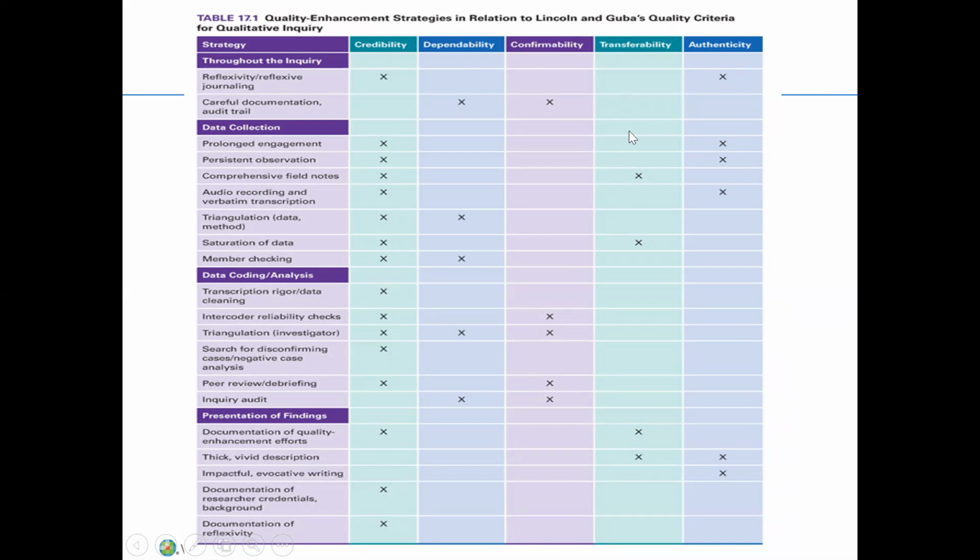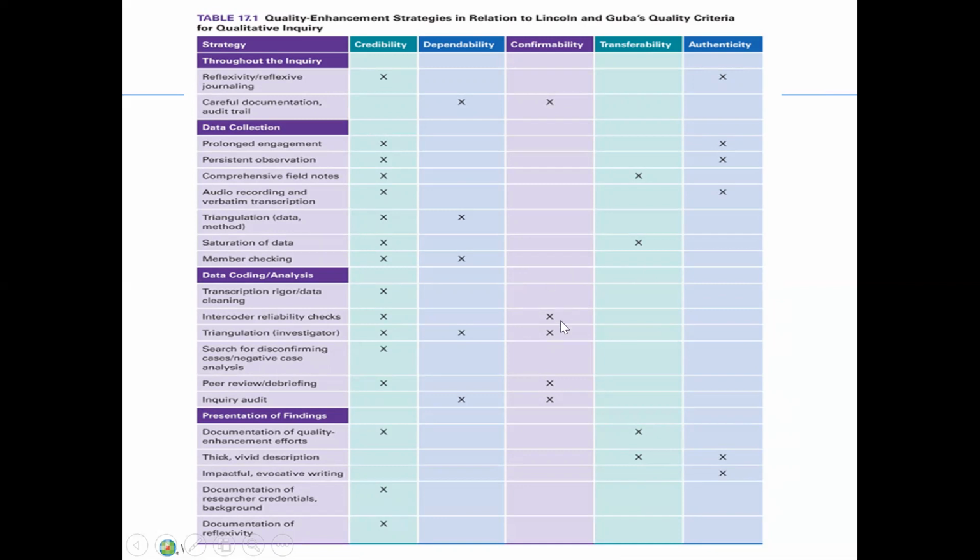If you're looking for transferability, they did that in field notes. They say saturation of data, documentation of quality enhancement efforts, and thick, vivid description. We saw it actually in the conclusion, where they discussed other similar conditions.